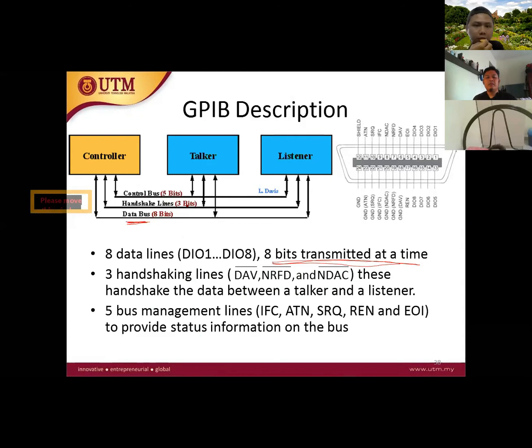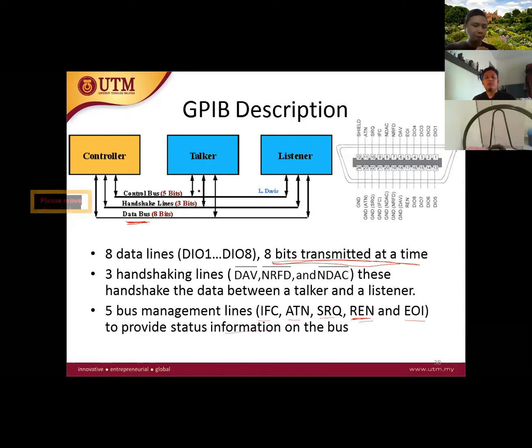The handshake is the protocol for when data is to be sent. And the control bus signals are IFC, ATN, SRQ, REN, and EOI, which provide the information on the bus.